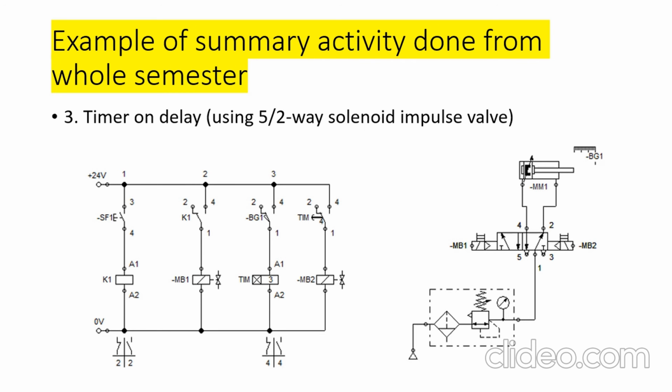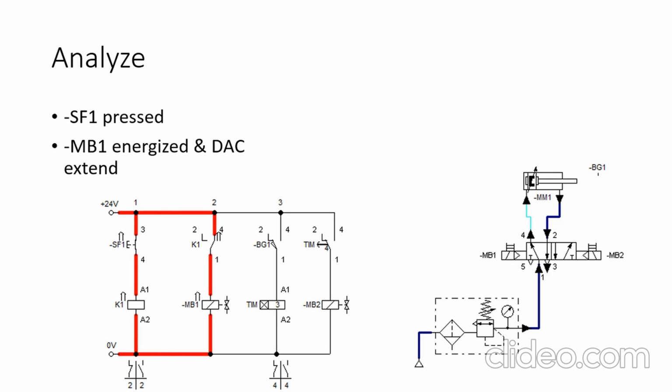So you can see here, this is the electric circuit, the electro-pneumatic circuit, and this one is the pneumatic diagram. So after drawing the pneumatic and electro-pneumatic circuits, we will do the analysis.